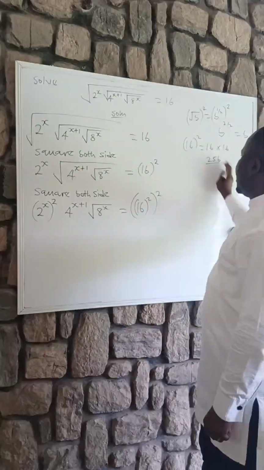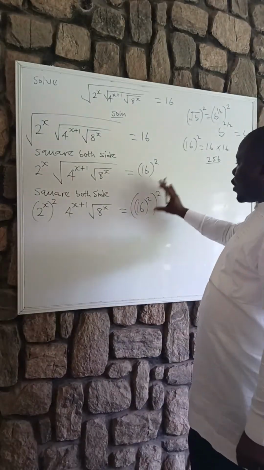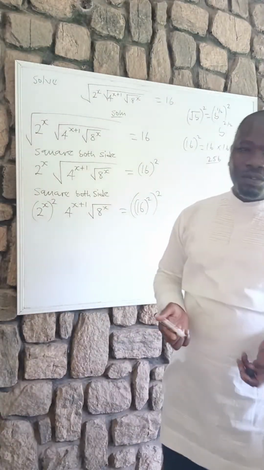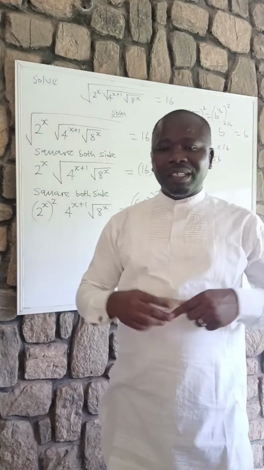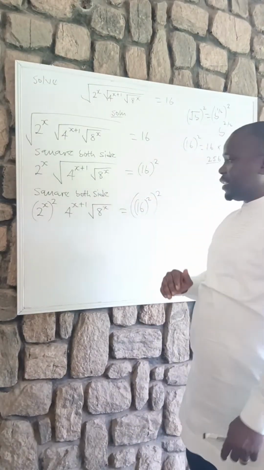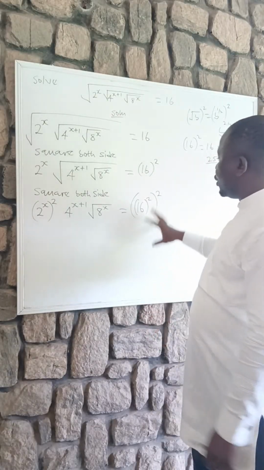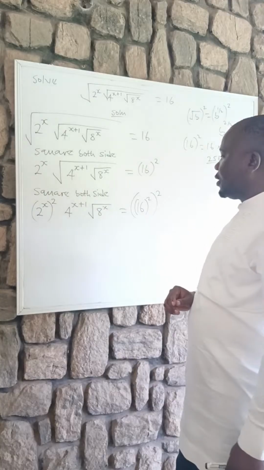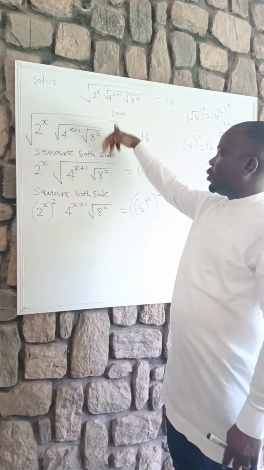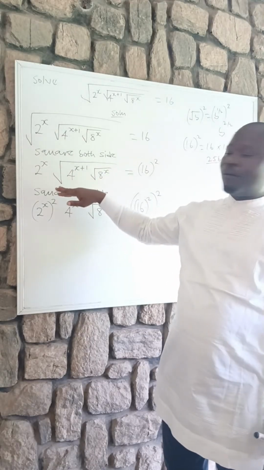It means it will look complex. So I just want us to have it in this form so that we can at least expand or factorize or evaluate it at our own level. Is that clear? So this is what we are going to have. Out of the 3 square roots, we are able to remove 1.